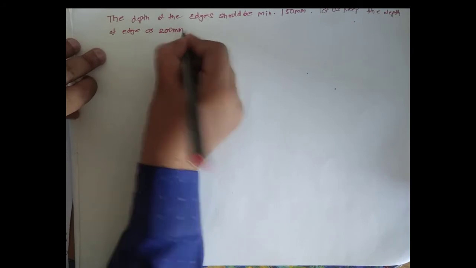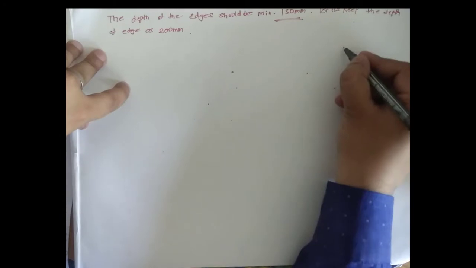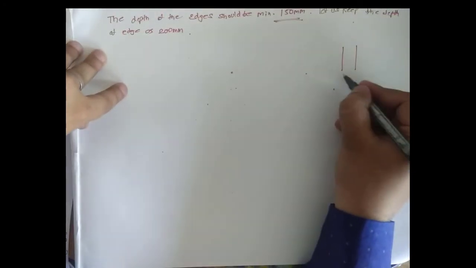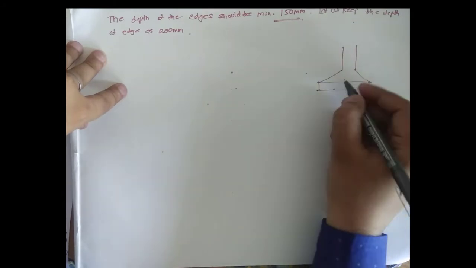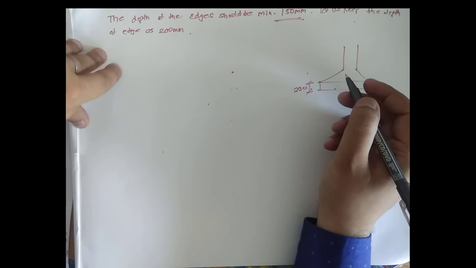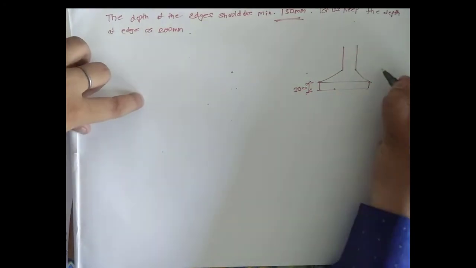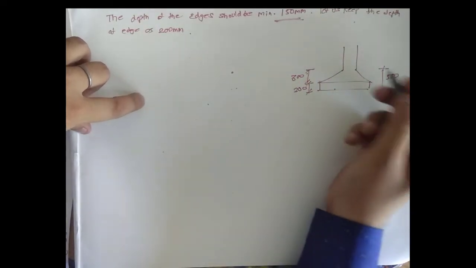Why 200? Because minimum requirement is 150 mm. Now I will draw it. This is your column, this is the edge. This will be 200, this will be 200, and we have calculated the entire depth, which is 500. So ultimately it is 300.